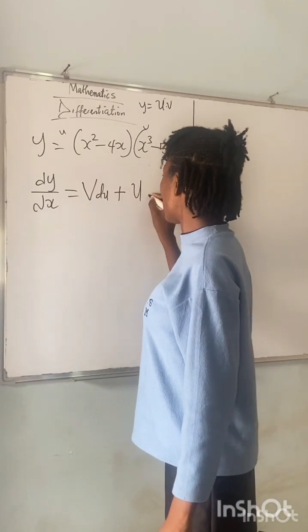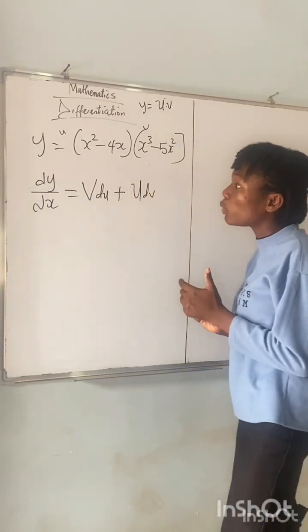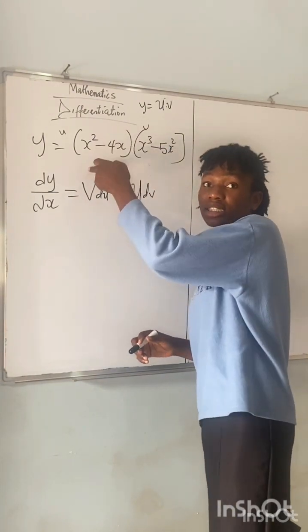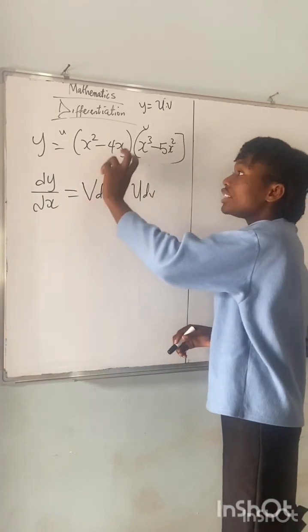So the first one, we differentiate our u while v is constant, and the next thing we'll do is differentiate v while u is constant.